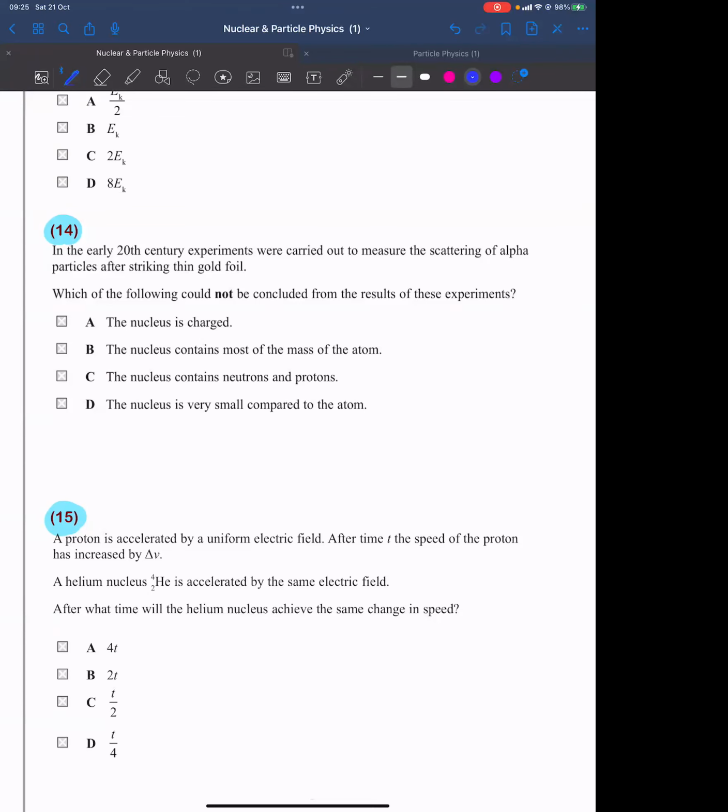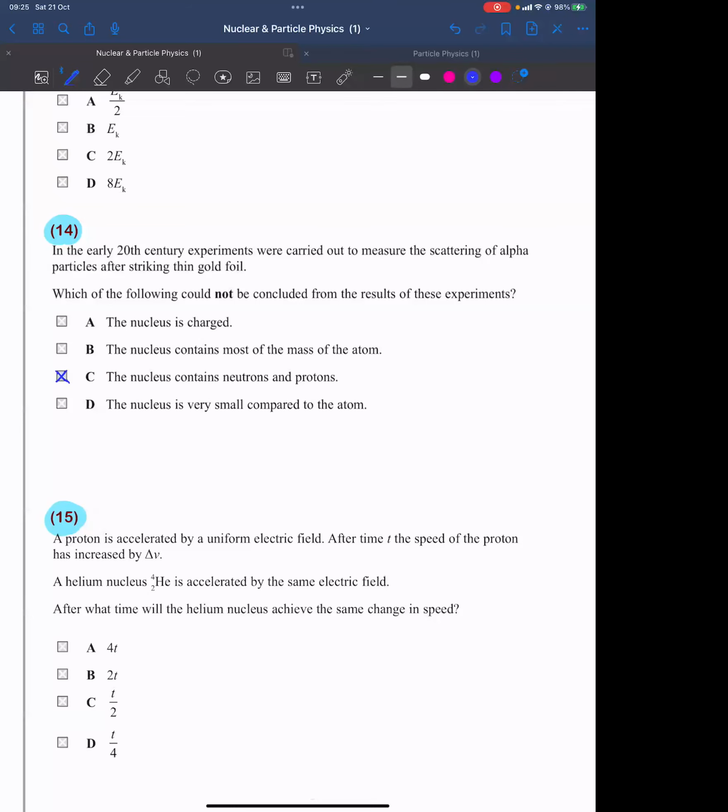Which of the following could not be concluded from the results of these experiments? The nucleus is charged. The nucleus contains most of the mass of the atom. The nucleus contains neutrons and protons. The nucleus is very small. C, right? Yes. You only got to know that the nucleus is charged. You didn't know whether it is positive or negative. Correct.